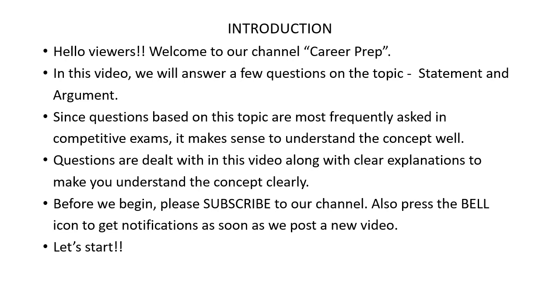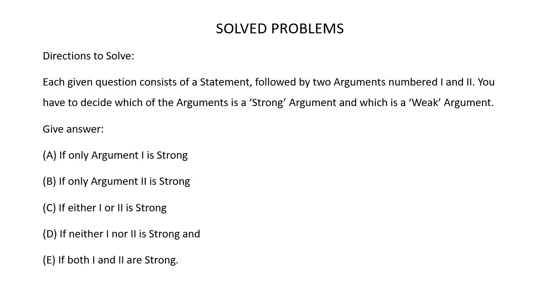So let's start. Directions to solve. Each given question consists of a statement followed by two arguments numbered 1 and 2. You have to decide which of the arguments is a strong argument and which is a weak argument.